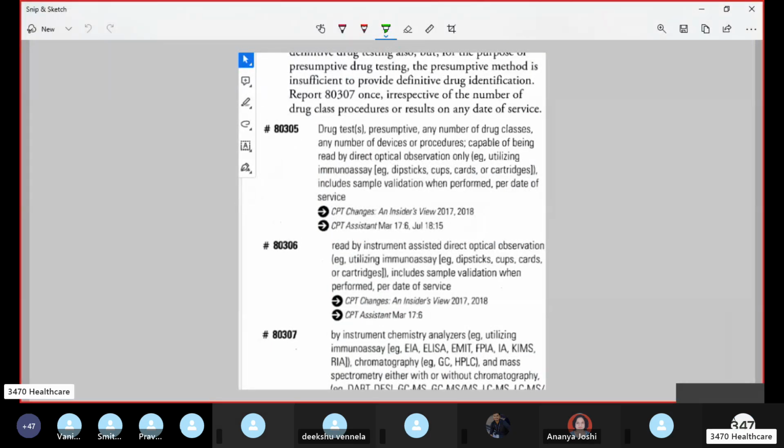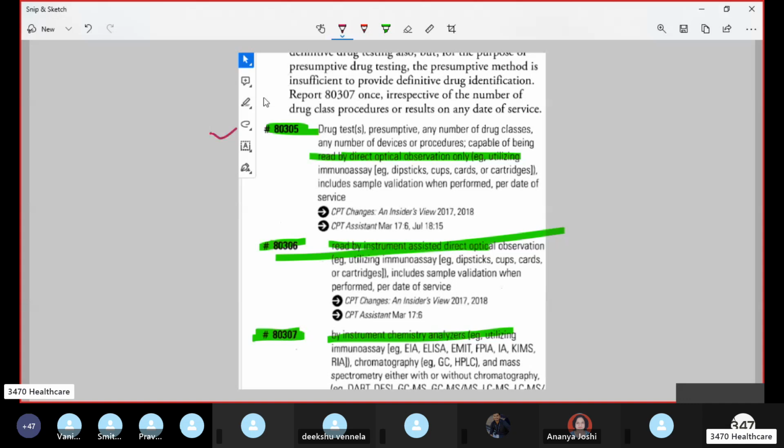Presumptive drug testing by direct optical observation is 80305. By instrument is 80306. Chemistry analyzer method is 307.